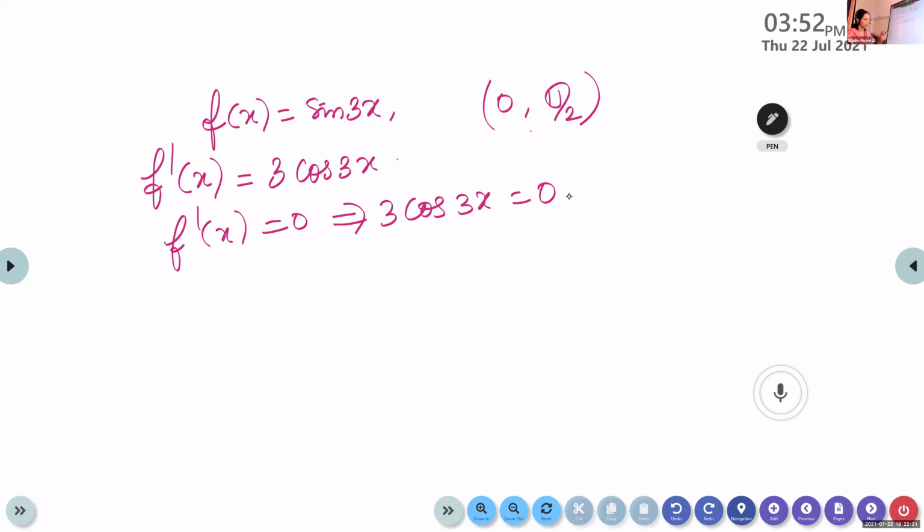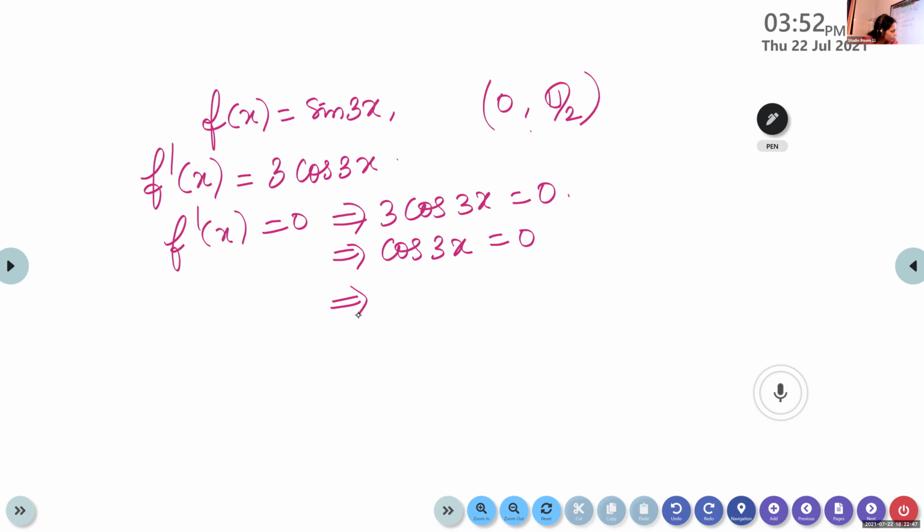Don't write, 1 second, you listen. This point is very important. Cos 3x is 0. So from here, what can you write? For which values will cos become 0? What about cos 0?